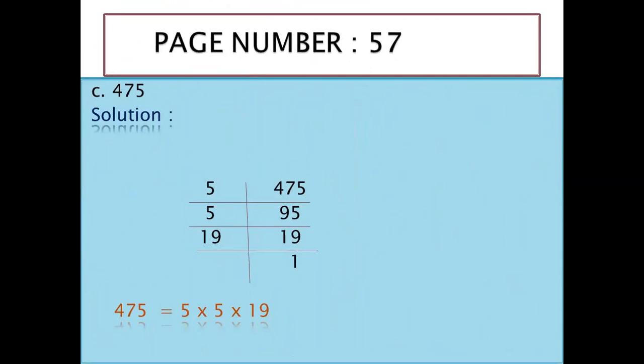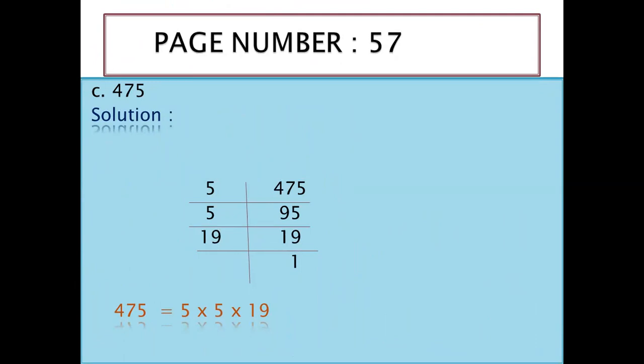Next number is 475, part C. Definitely at the ones place there is 5. It means that it will be divisible by 5. We start division from 5. When we divide 475 by 5, 95 will be the quotient. Again at the ones place there is 5, so 95 will be divisible by 5. When we divide 95 by 5, 19 will be the quotient.